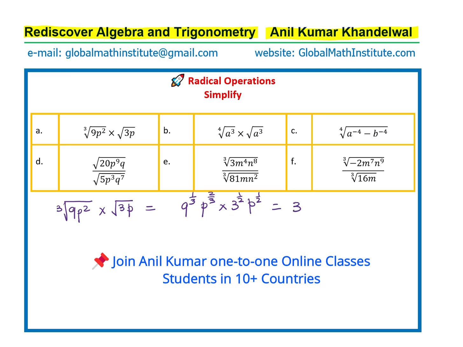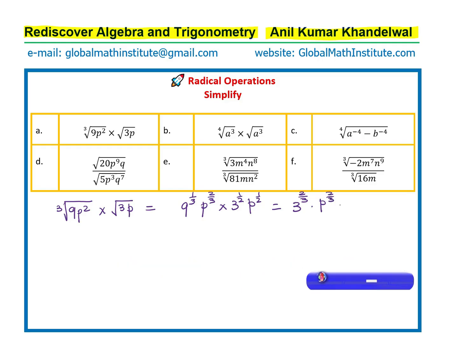So we can write this as 3 squared to the power of 1 over 3, correct? Times p to the power of 2 over 3 times... This is not a decimal. This is multiplication, right?